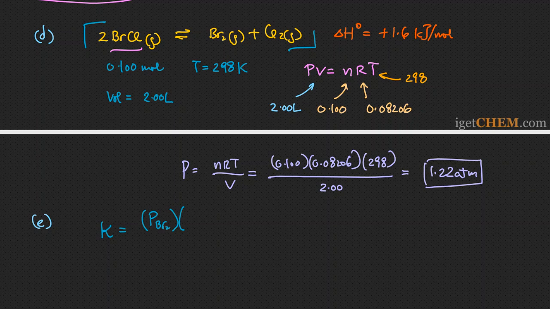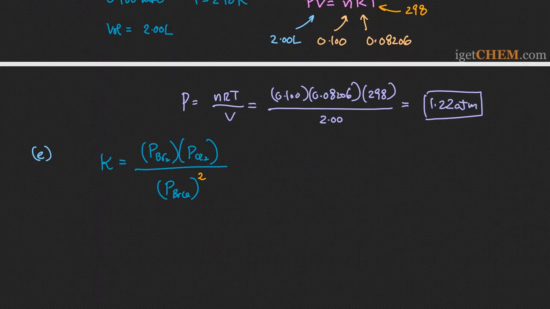So this is partial pressure of Br2, which is the first product, multiplied by the partial pressure of Cl2, second product, divided by the partial pressure of BrCl. But remember, since there is a coefficient of 2 in front, this is raised to the power 2. So this is the equilibrium constant expression for that reaction.